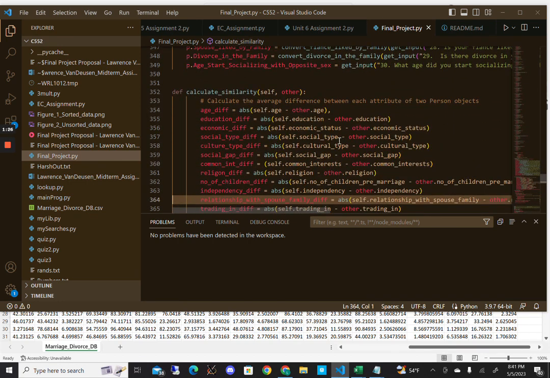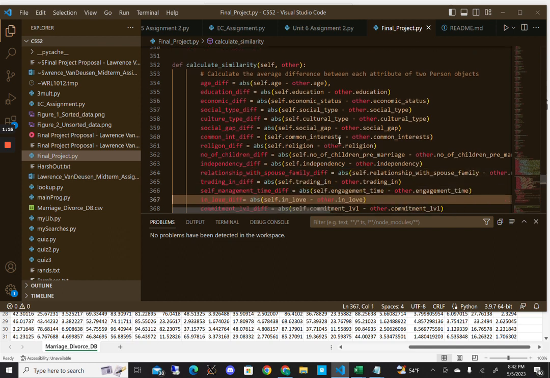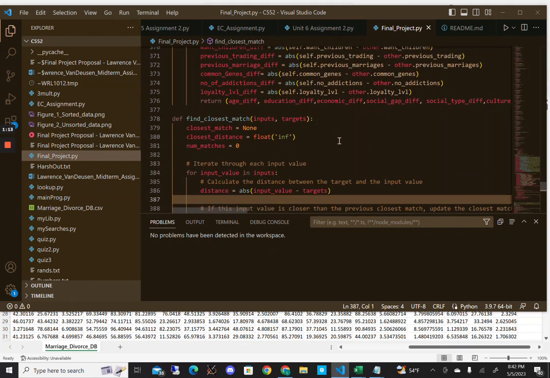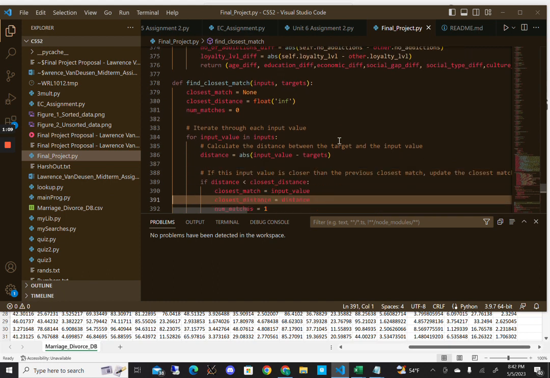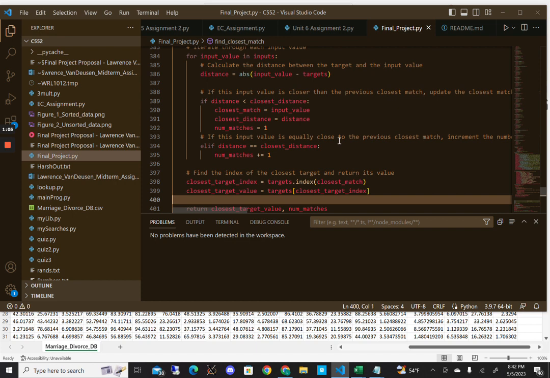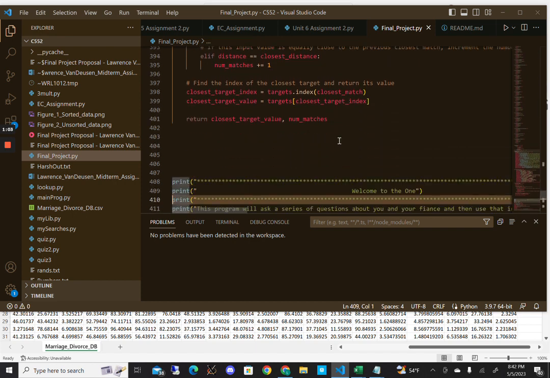The next part of the function is to calculate the similarity or difference between the two types of objects that are created, the self and the other, or yourself and your spouse, and then finding the closest matches in the inputs and the targets, iterating through each input value, and then calculating the closest distance of that target.